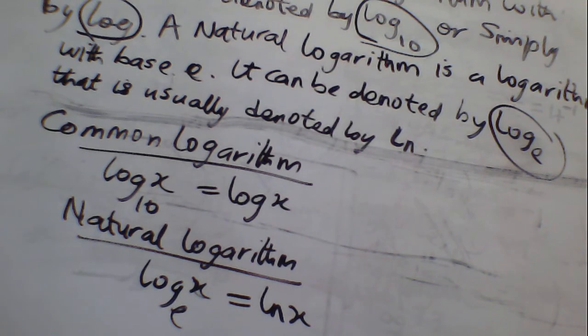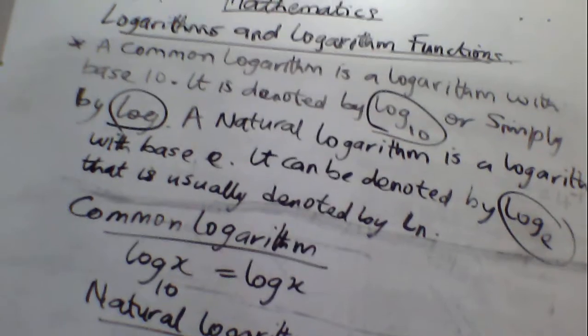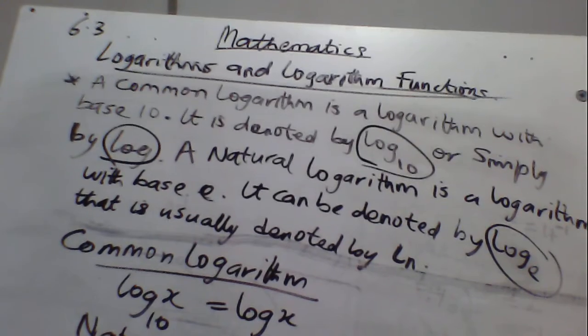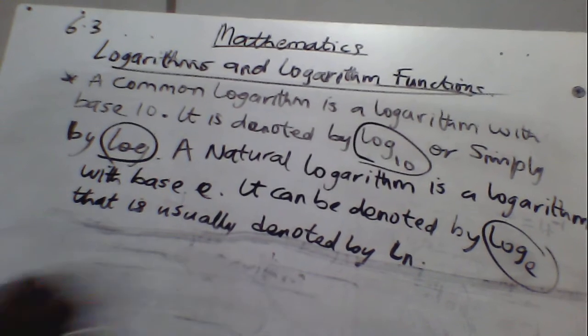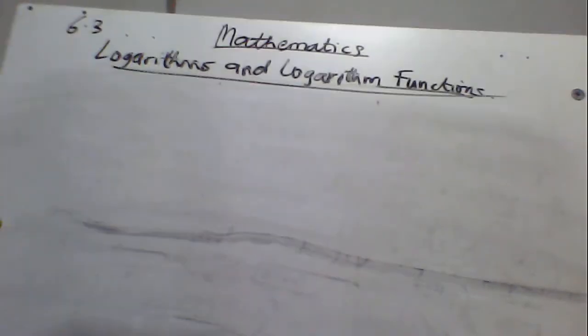So we can evaluate the logarithm using a calculator. Round your answer to 3 decimal places. So having known how to write a common logarithm and natural logarithm, let's proceed to other things we have today. Evaluation. Do you have any question?